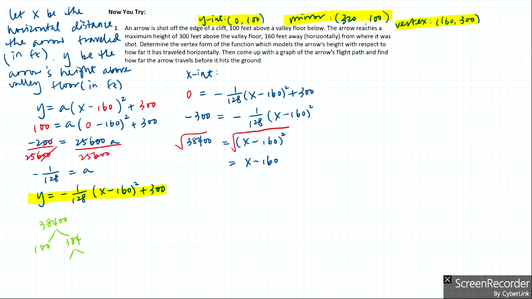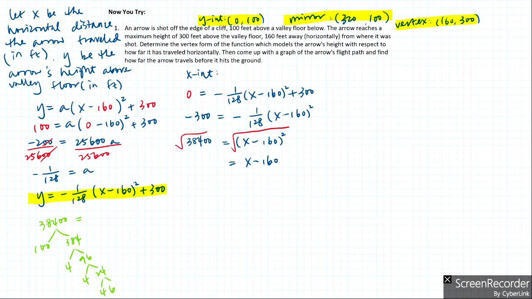I believe a 4 will be a factor, so 384 divided by 4 will be 96 in this case. And once we have 96, that can be divided further into 4 times 24 over here, and 24 again becomes 4 times 6.